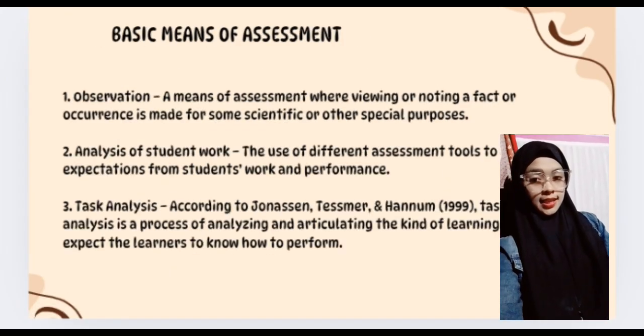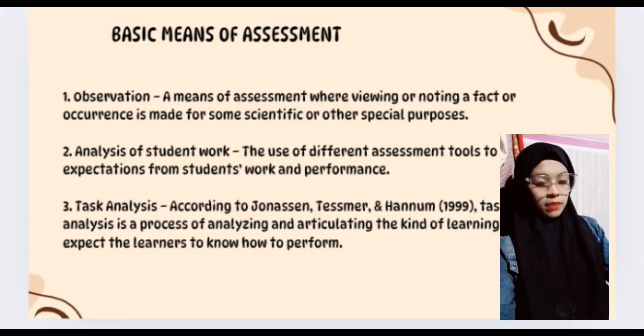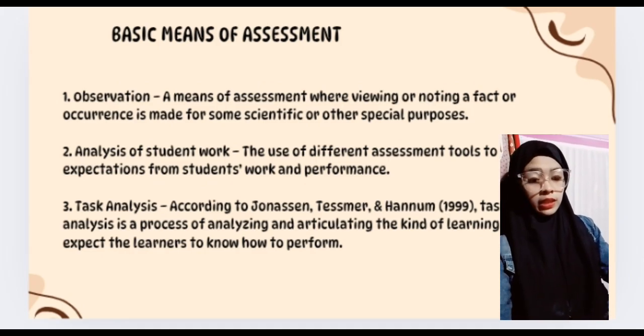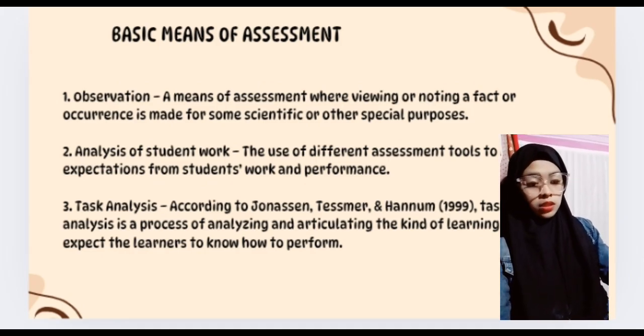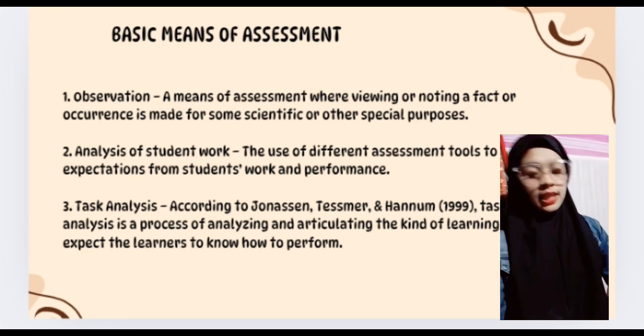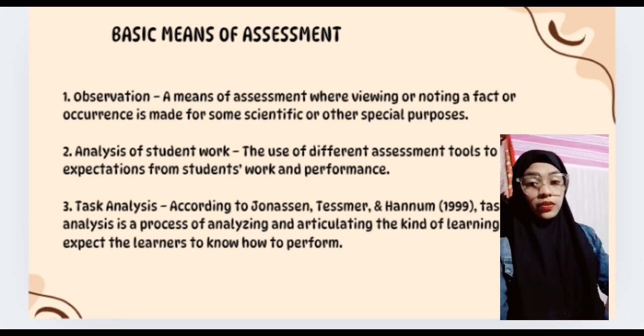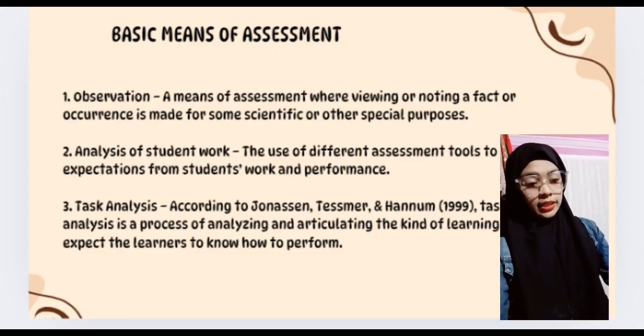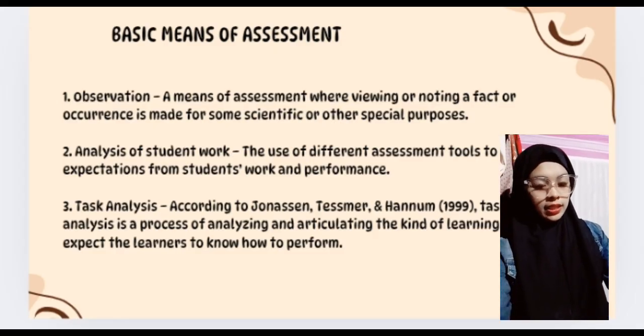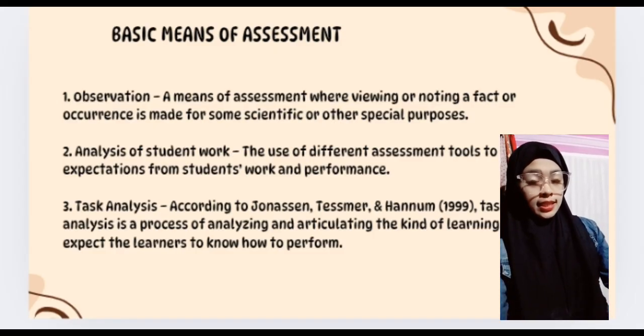Last is the basic means of assessment. First is observation, directly watching the child to know behavior, skills, and needs. Number two, analysis of student work. It is reviewing completed assignments, projects, and tests. Number three is task analysis.